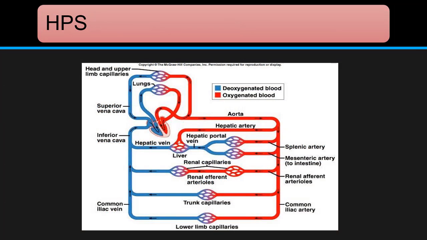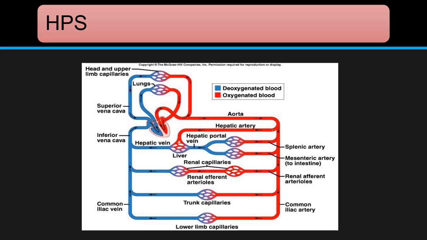HPS, hypophyseal portal system. Sorry, this is the hepatic portal system. You can see the hepatic portal system has the hepatic portal vein and the hepatic artery. So I will tell you in this way: the aorta carries the blood from the left ventricle.